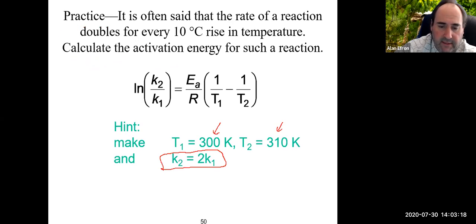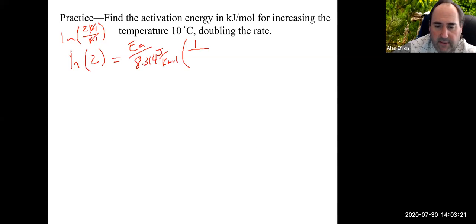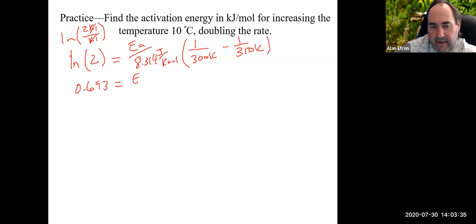So I believe it was 300 there, right? So 300 Kelvin, our T2. Our natural log of 2 on the other side is 0.693. Again, E of A over 8.314.